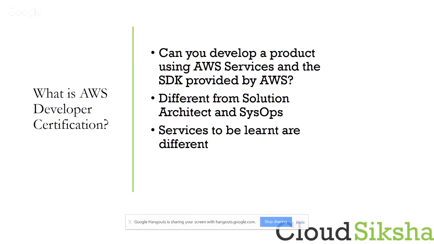This is quite different from your solution architect and the SysOps courses that you would have seen. And the services that you need to learn are going to be different here.